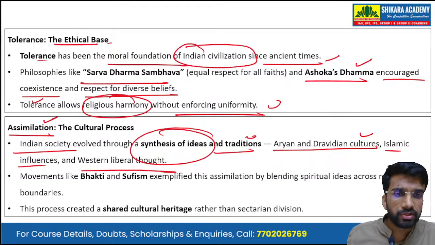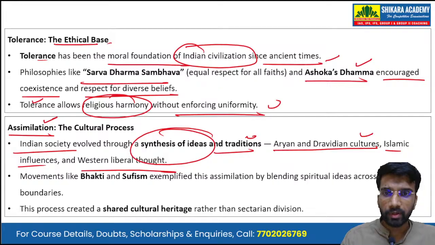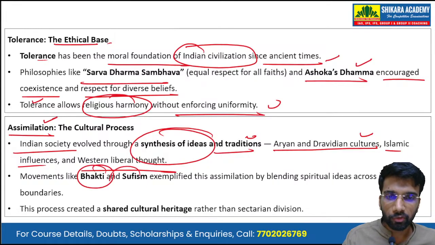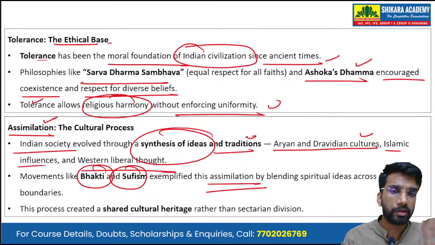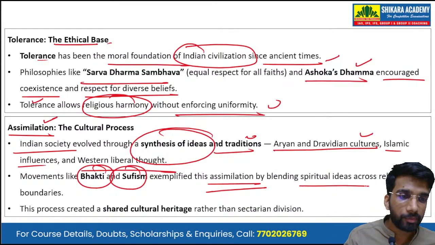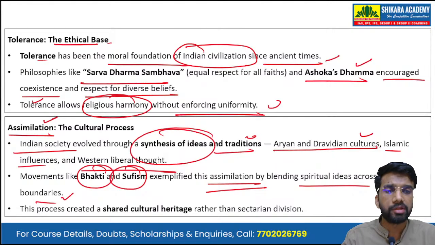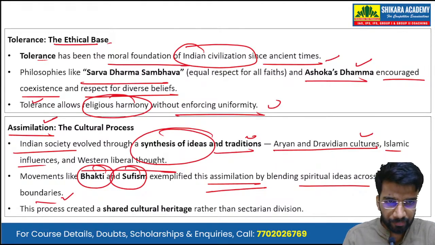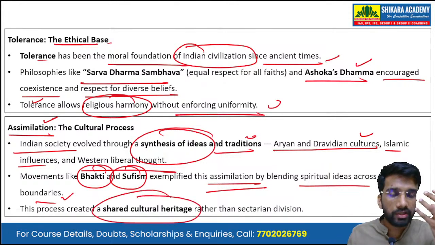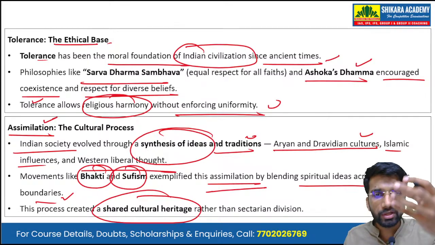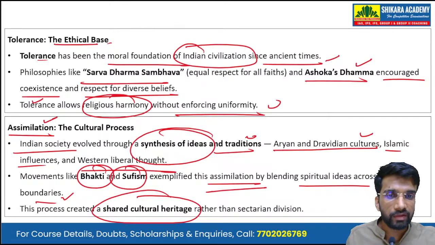Movements like Bhakti and Sufism exemplified this assimilation, blending spiritual ideas across religious boundaries. This process created a shared cultural heritage. Tolerance led to religious harmony; assimilation led to shared cultural heritage rather than sectarian divisions.